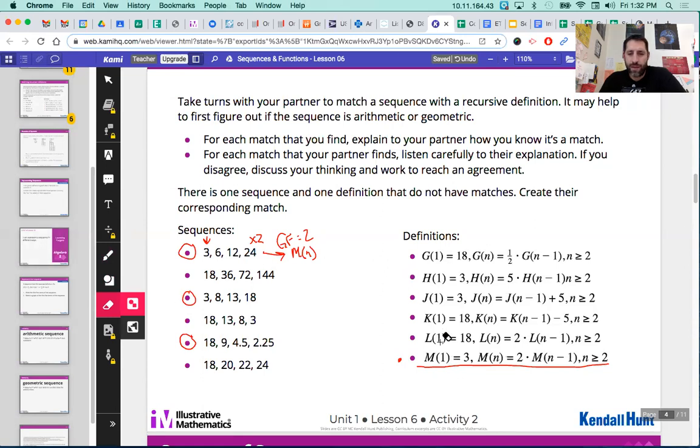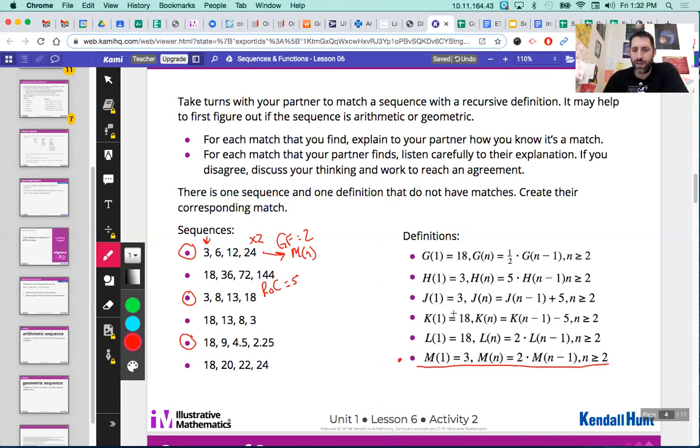All right, so we got 5 other choices for these other 2. Let's see what we got. Second one, 3, 8, 13, 18. All right, so it looks like I'm adding 5 each time, okay? So this will be a rate of change of a positive 5. All right, so which one of these start at 3 and then adds 5?